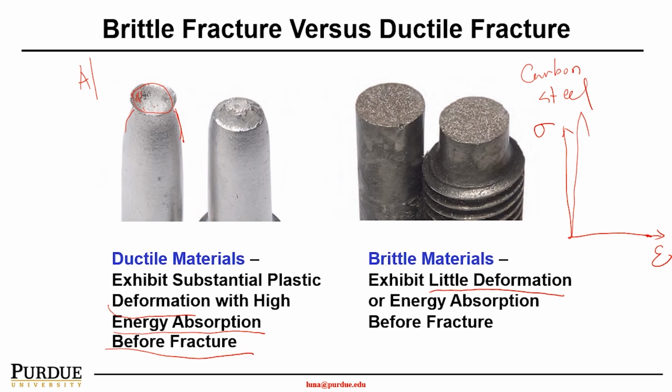Very high Young's modulus, a lower toughness. For ductile material it would be like this. You have a lower modulus, a way better toughness.